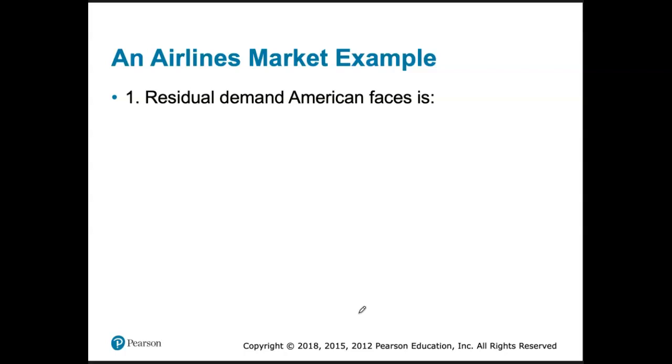So we have QA, the quantity in relation to American Airlines, which should equal the market quantity minus the quantity of United. So that's the residual demand, the quantity American is left with after the other quantity has been met.